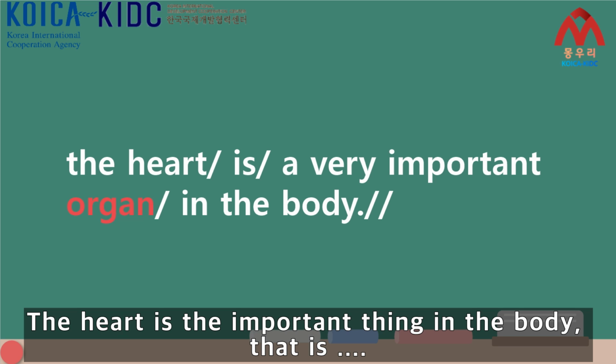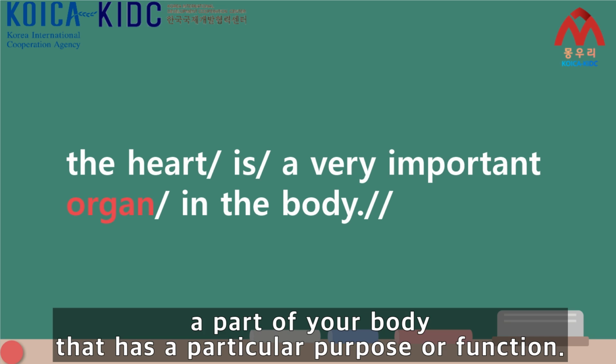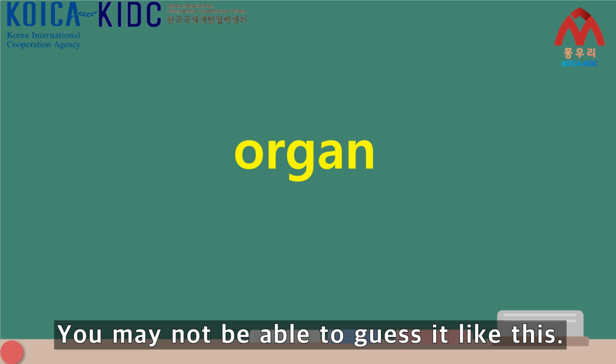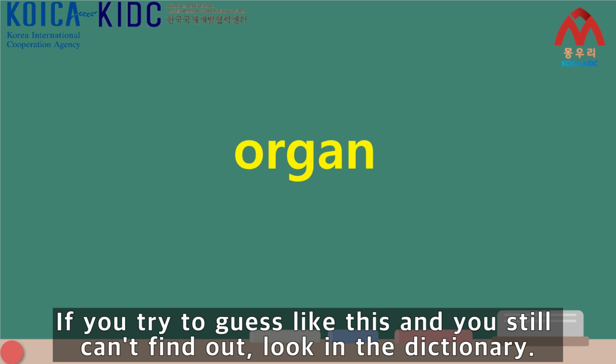The heart is the important thing in the body, that is, a part of your body that has a particular purpose or function. This is the meaning of organ. You may not be able to guess it like this. If you try to guess like this and you still can't find out, look in the dictionary.